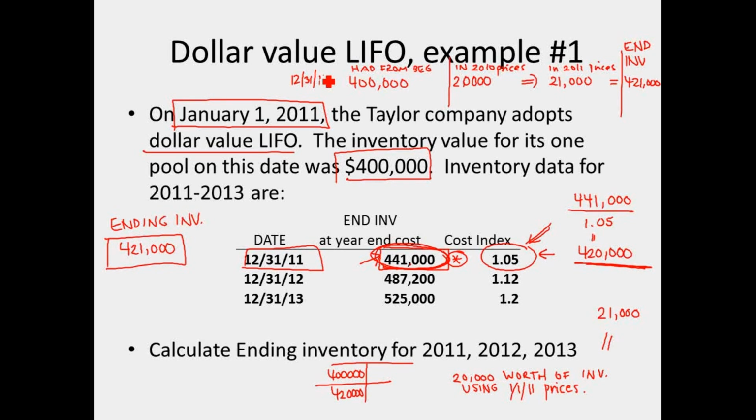Well, you want to know if the company buys more stuff this year, is it selling all that stuff? If it's not selling that stuff, we're going to add another layer. If it is selling that stuff, then we might have to dip into earlier inventory layers because last in, first out. We first sell the stuff we bought this year, and then we sell the stuff that we had on hand.